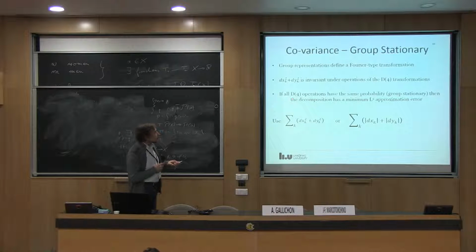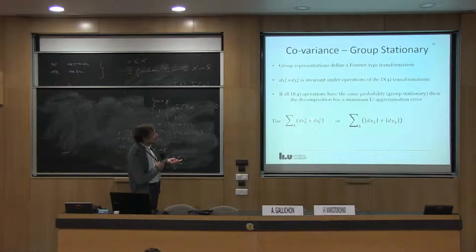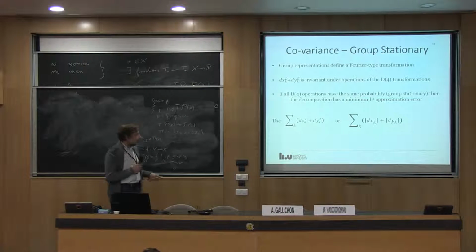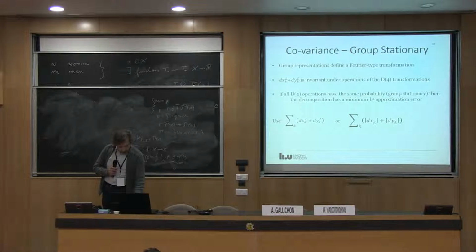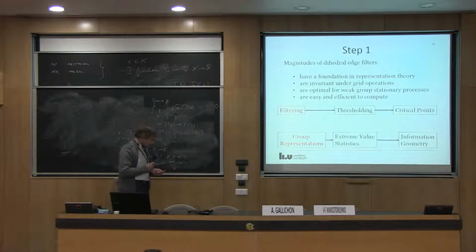And you can also show that if all these transformations on average appear equally often, then you have something you can call group stationarity, and then these filters define principal component analysis because these filter subspaces are invariant under all the transformations here. And that is true for very many natural image sources.